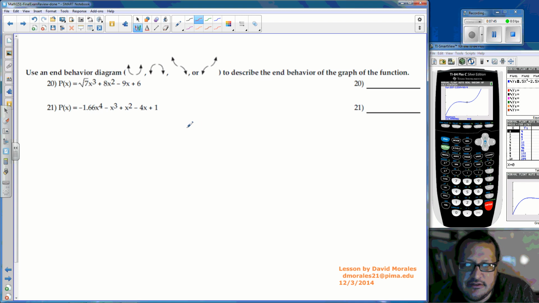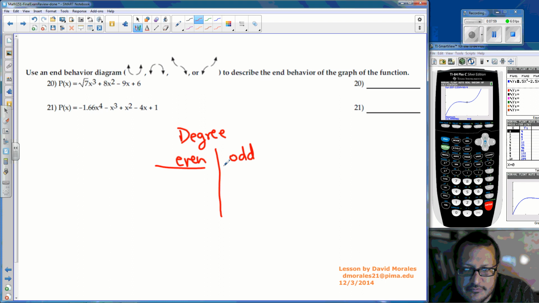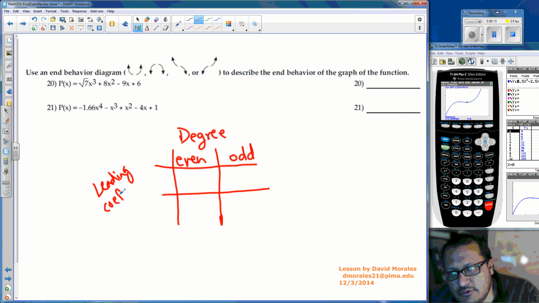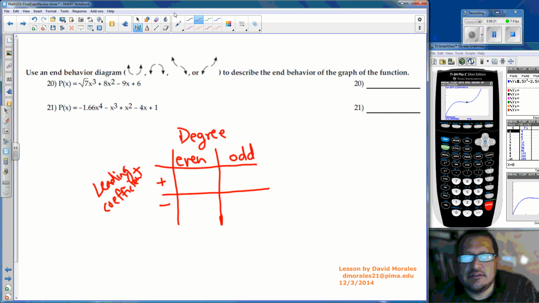It's the degree, where we care if it's even or odd, and the leading coefficient, which is either positive or negative. So that's what we're going to get here.